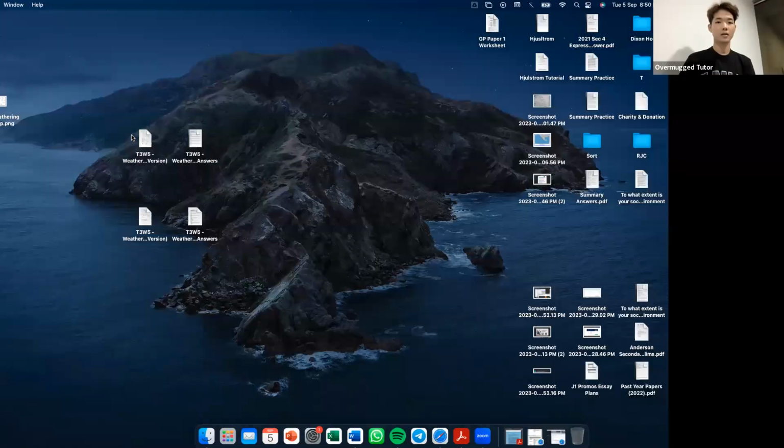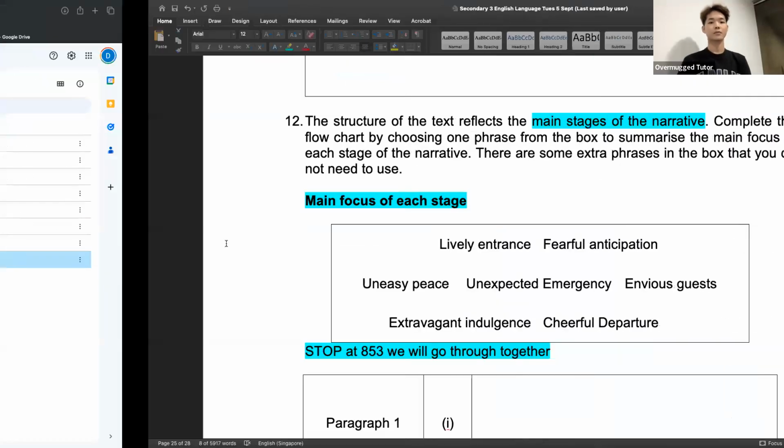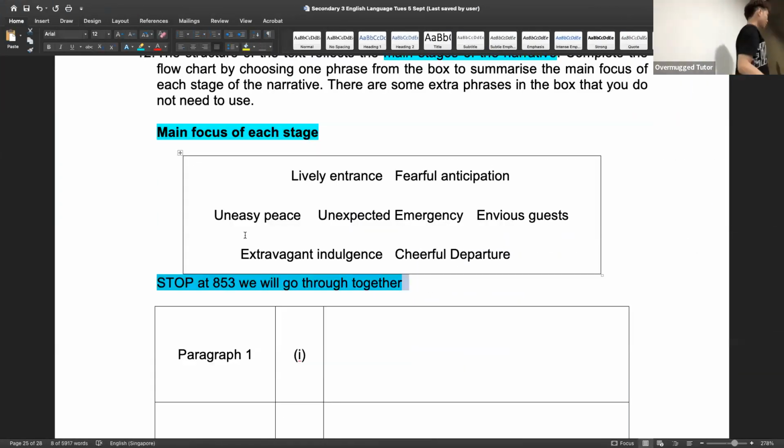You can discuss with your friend, it is fine, I don't really mind. Just make sure you do this properly. The last one already, hang in there. I'll go through, don't worry.